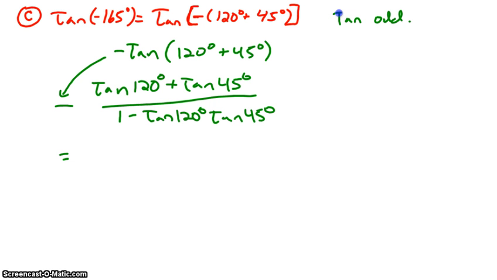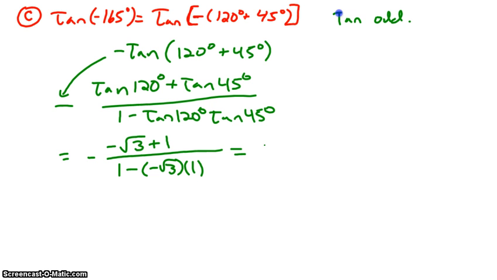My next step then is to substitute, which will give me a negative out front yet, with a negative radical 3 plus 1 all over 1 minus a negative radical 3 times 1, which then gives me 1 minus radical 3 over 1 plus radical 3, and I'm going to have to rationalize.